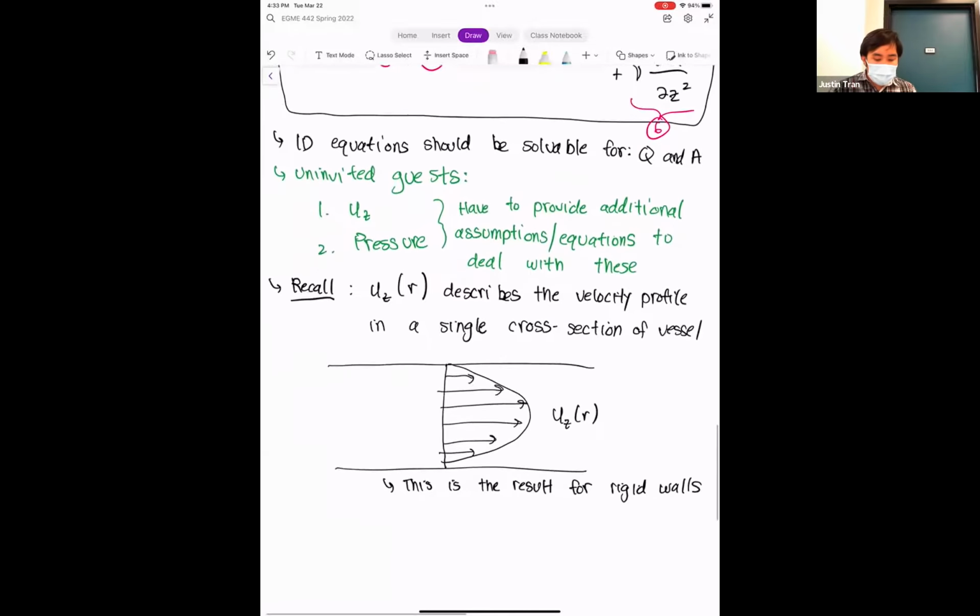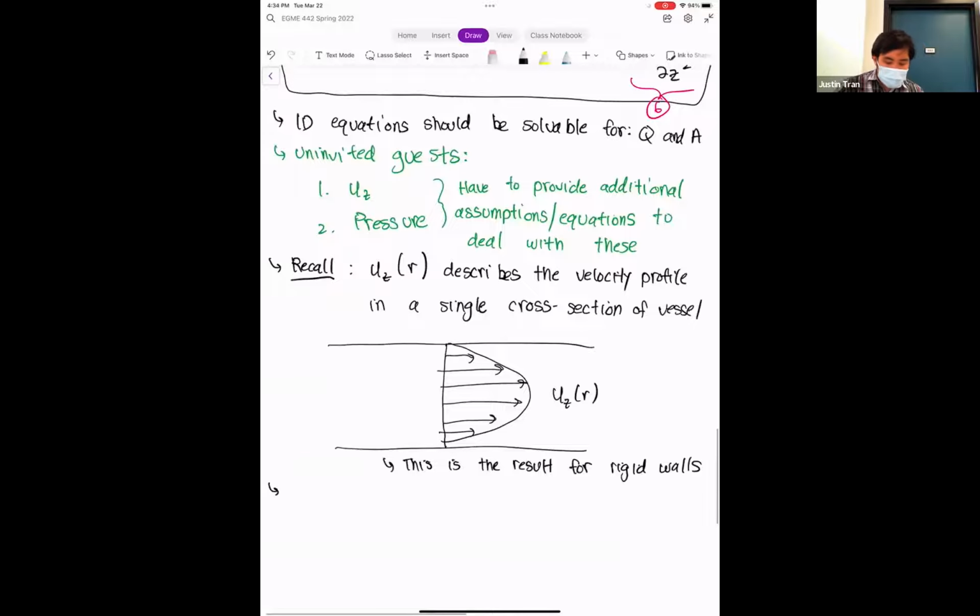And so to break this gridlock, we're going to take UZ and assume that we know what the profile looks like. Because if we can assume the shape of UZ, then that helps us eliminate it. That'll basically provide one more equation that we can use to eliminate it from our momentum equation.